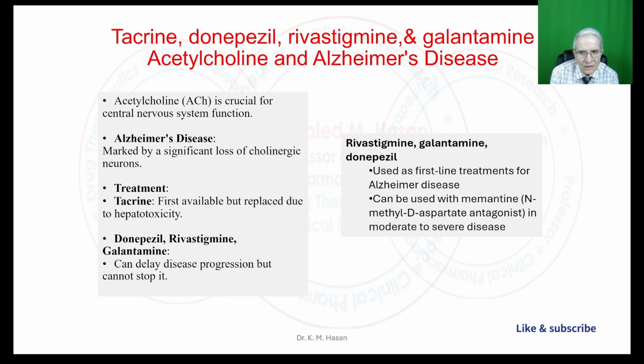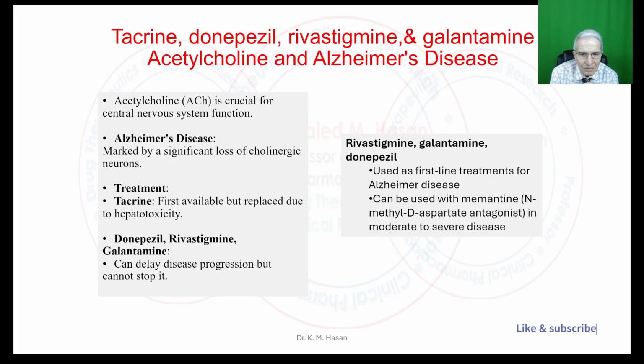In patients with Alzheimer disease, they found a marked, significant loss of cholinergic neurons. Therefore, the treatment is directed towards enhancing the activity of acetylcholine in the brain. And as we mentioned, we don't use acetylcholine in practice. We use something to increase the level of acetylcholine in the brain.